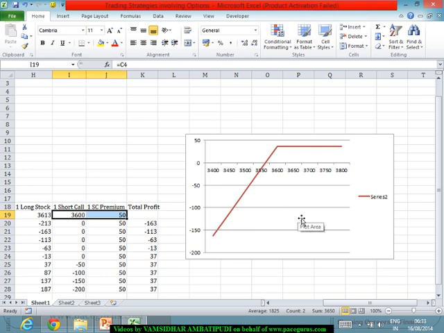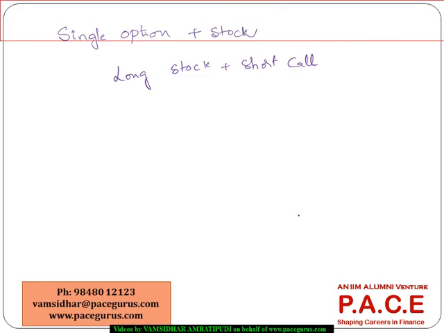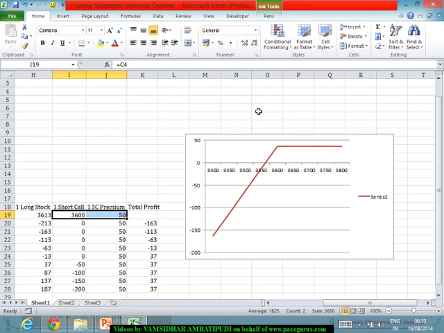So this is like a covered call strategy. This is looking similar to writing a put option. So instead of writing a put, the person could have gone for a covered call strategy as well.